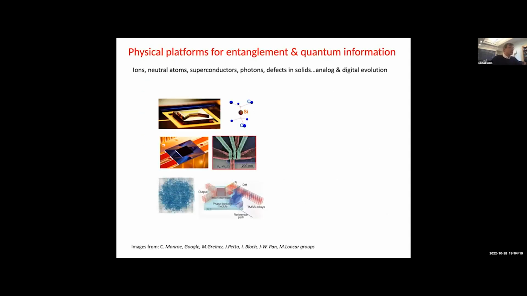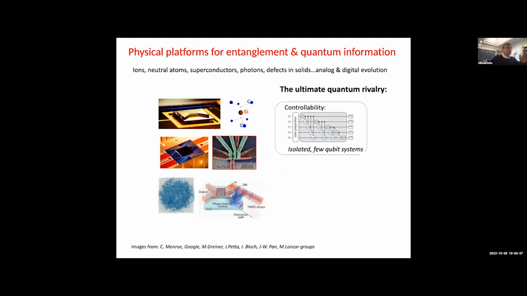At a high level, we now have in the labs systems involving different types of qubits, and they are capable of both analog and digital evolution. The challenge of scaling up is addressing two contradictory requirements. One is controllability, which I think we have perfected with isolated few-qubit systems.